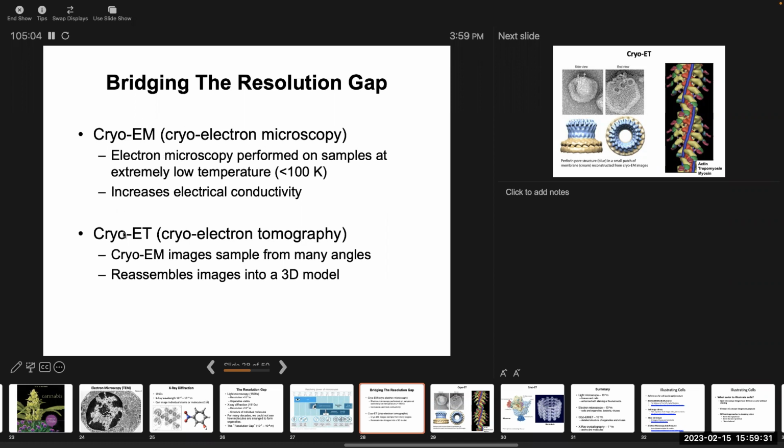The only difference between cryo-EM and cryo-ET is that cryo-ET is done in 3 dimensions. So cryo-EM would just give you an individual slice. Cryo-ET actually lets you look at things from multiple angles and reconstruct things as a 3-dimensional object.